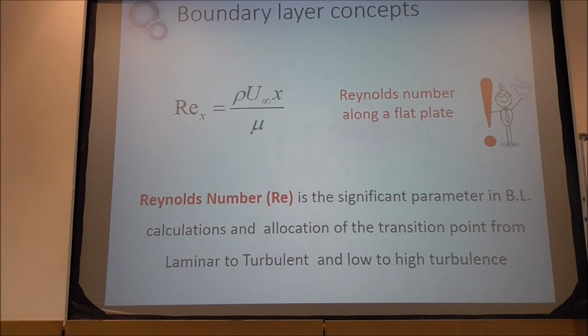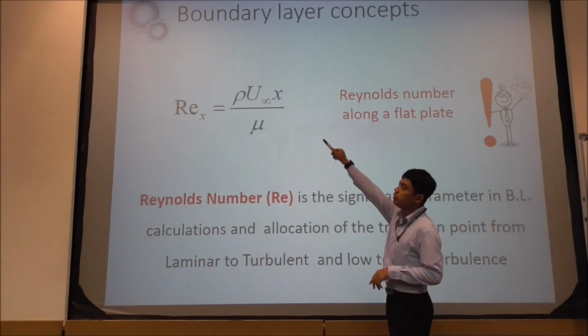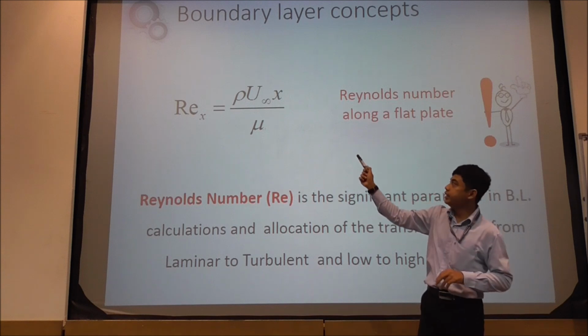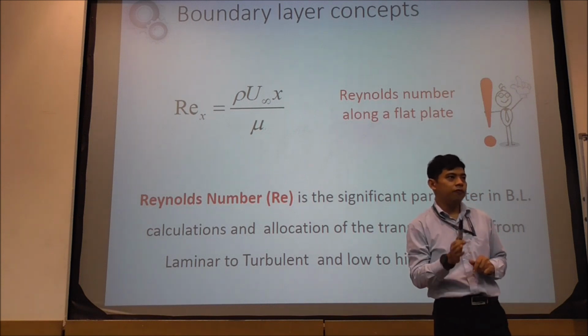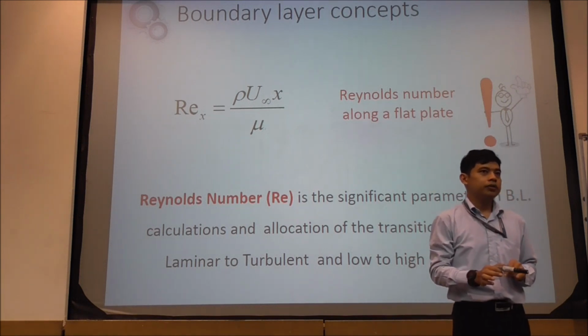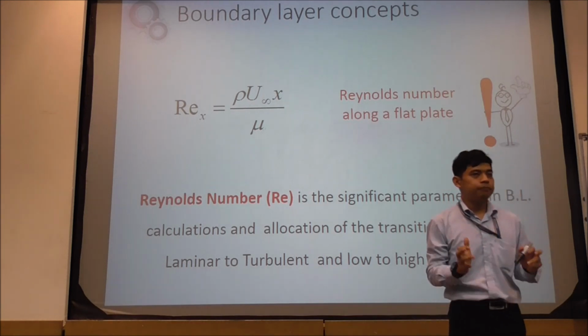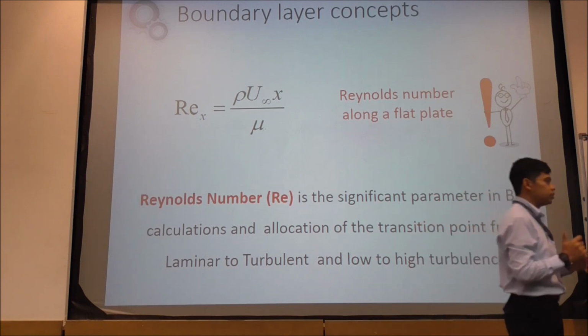So for the boundary layer concept, the Reynolds number does not use D, but it will use x. And the U is the potential flow velocity, which means it is the flow that is undisturbed by the surface. This is the original flow coming through.